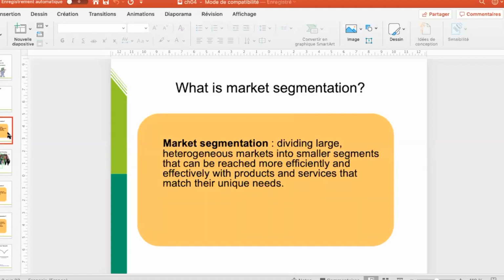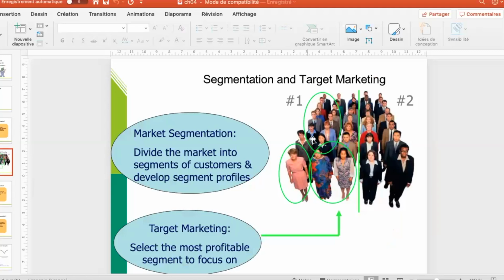What is market segmentation? Market segmentation means that you divide a large heterogeneous market into smaller segments, you can also call them groups, that can be reached more efficiently and effectively with products and services that match their needs. It means that you have a big population, these are the customers, and you divide the market, for example, into market 1, market 2, Asia, and this might be Europe.